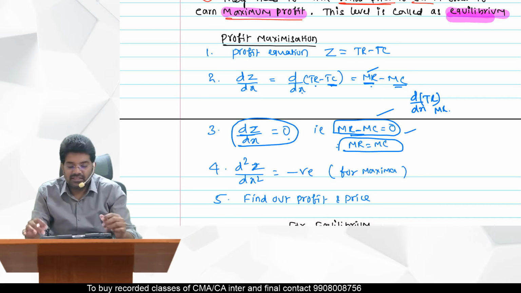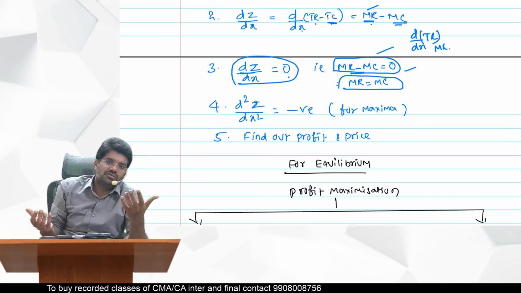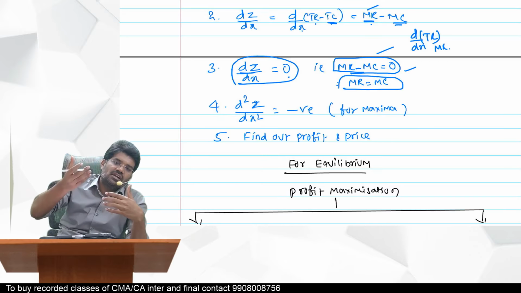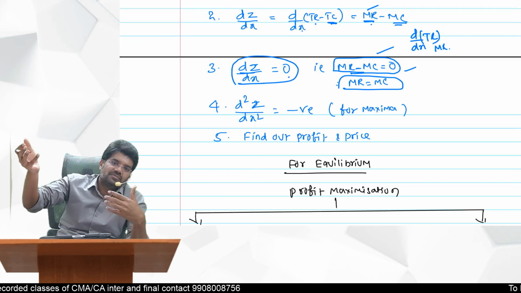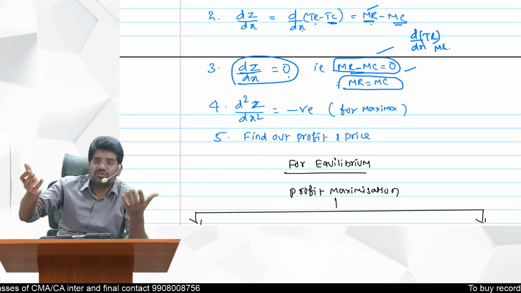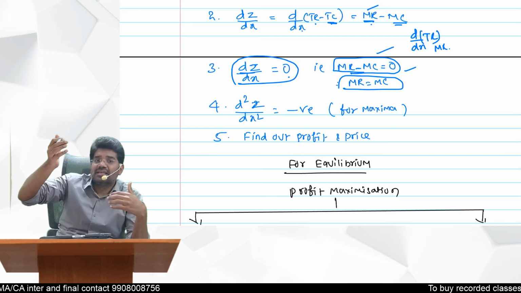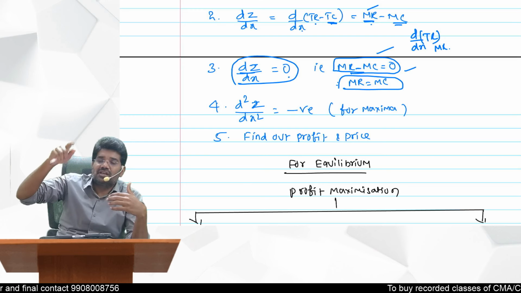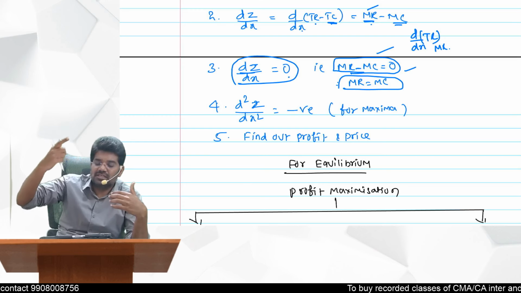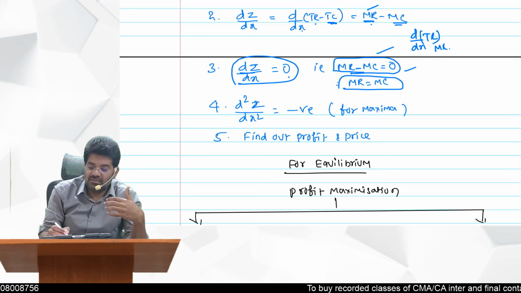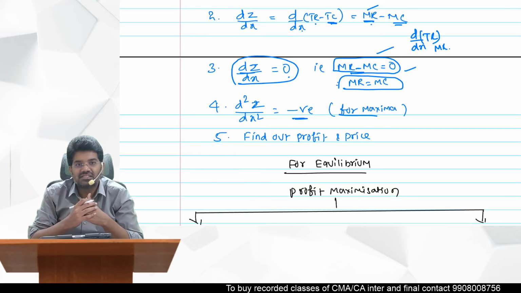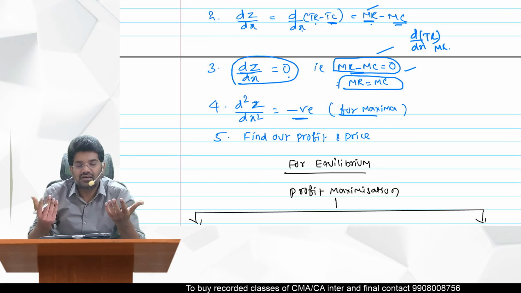Now the next condition: if the second order derivative is greater than 0... our objective is profit maximization only. So what we should get is the second order derivative must be less than 0, then only it is a maximum point. Less than 0 means negative, for a maximum. Same conditions, because you already know the steps.